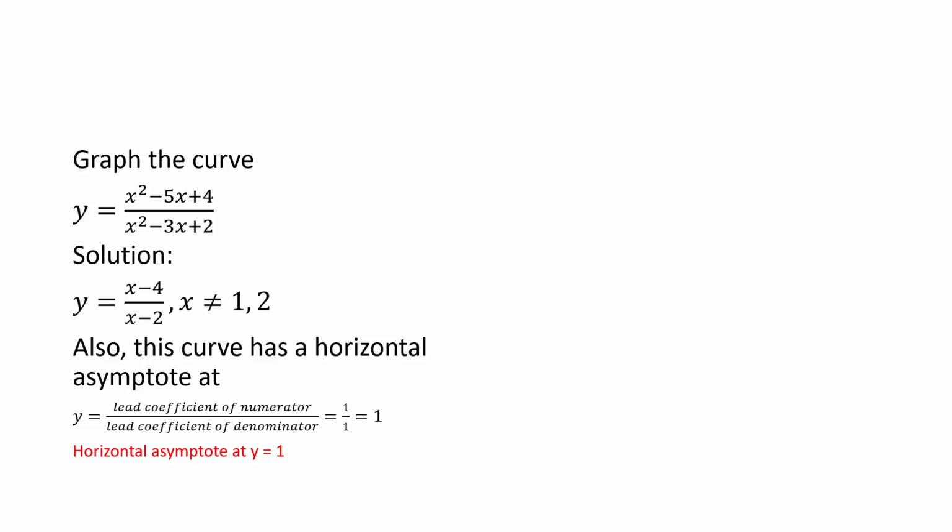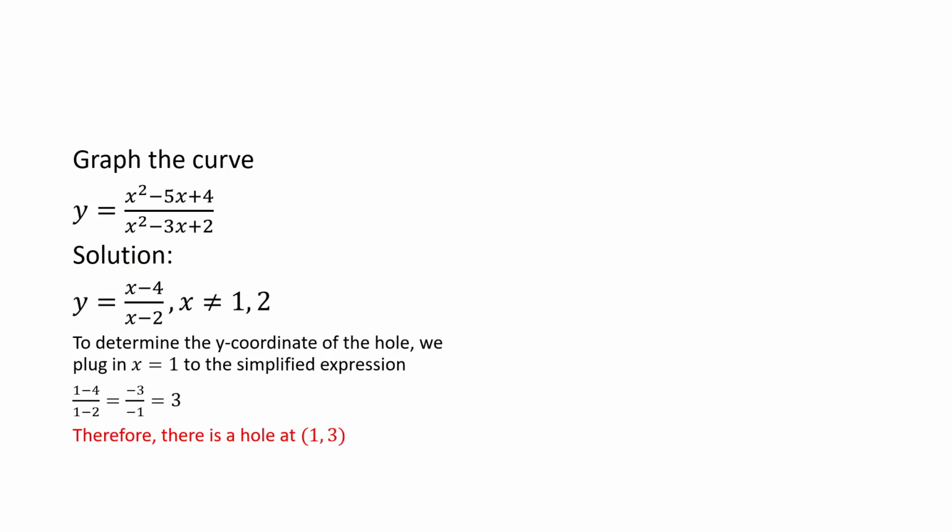And we also have a horizontal asymptote because after simplifying, we've got degree 1 over degree 1, and the lead coefficient of the numerator is a 1, and the lead coefficient of the denominator is a 1, and 1 over 1 is 1. So we have a horizontal asymptote at y equals 1. Let's figure out the y coordinate of the hole.